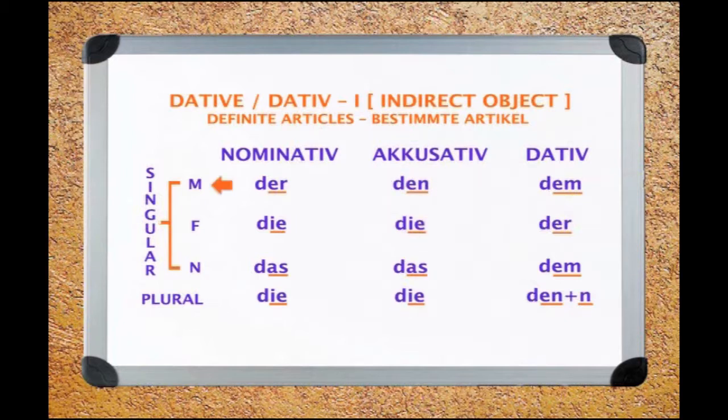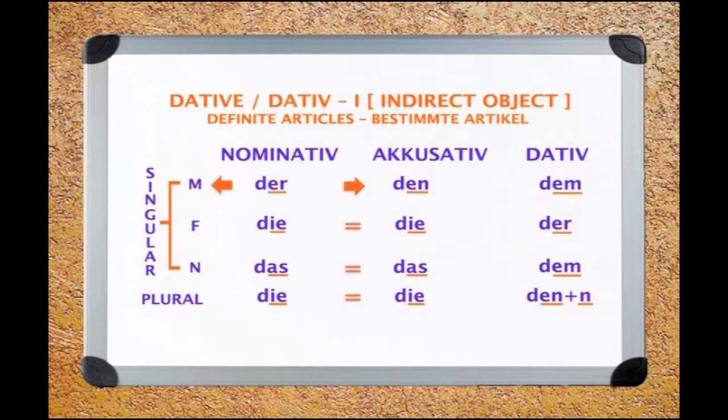You know that the masculine article der in singular changes its form to den in accusative, whereas the rest of the articles do not change their form from nominative to accusative. Now, let us look at how the articles change in the dative case.